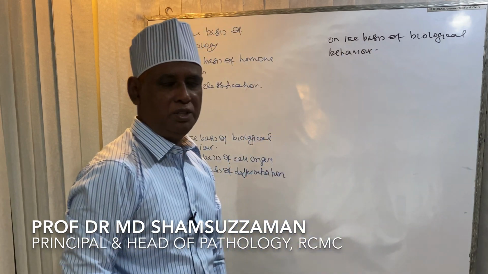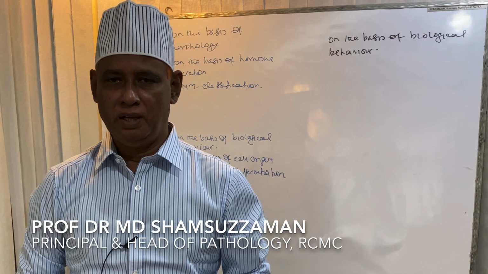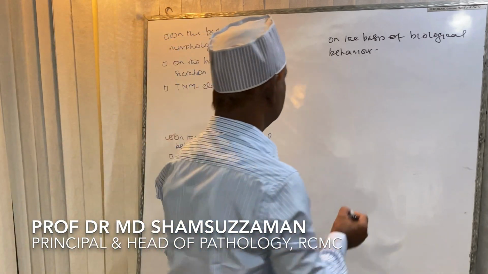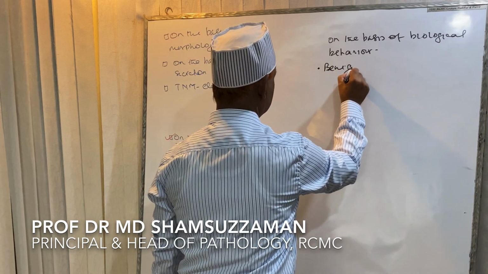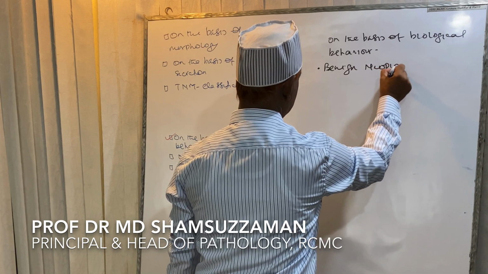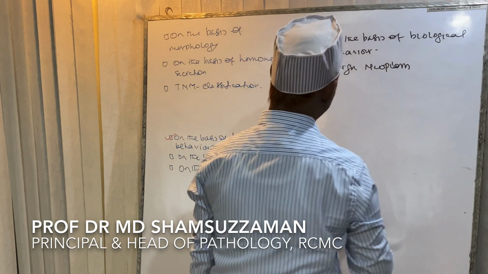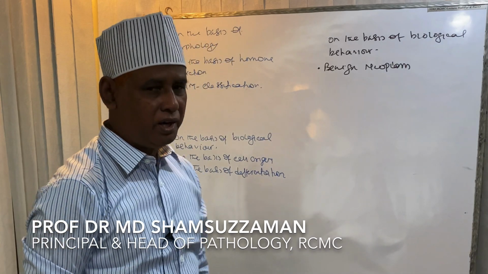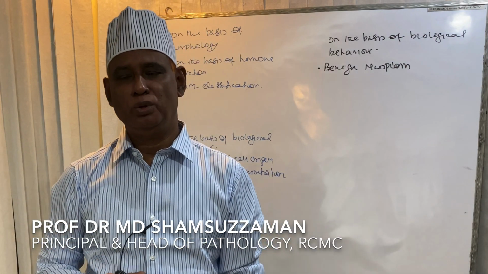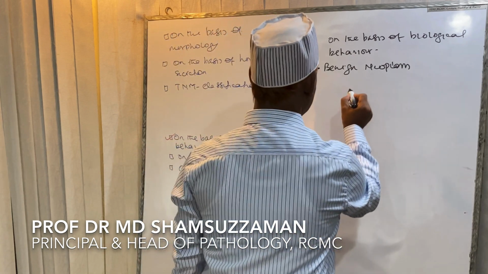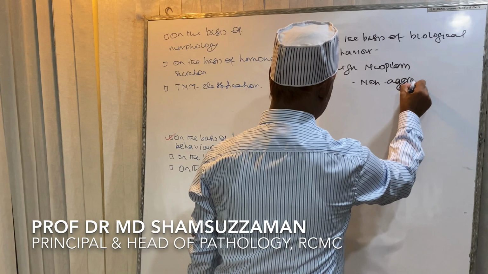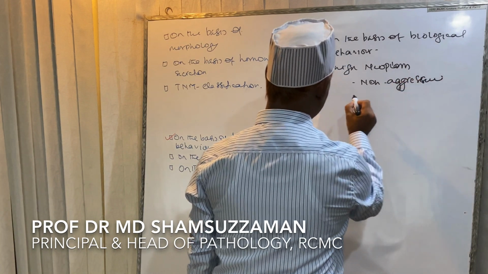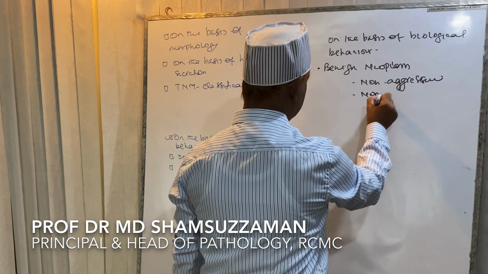On the basis of biological behavior, neoplasm is of two types. One is benign neoplasm, another is malignant neoplasm. Benign neoplasm is a non-aggressive neoplasm and it is a non-fatal neoplasm.